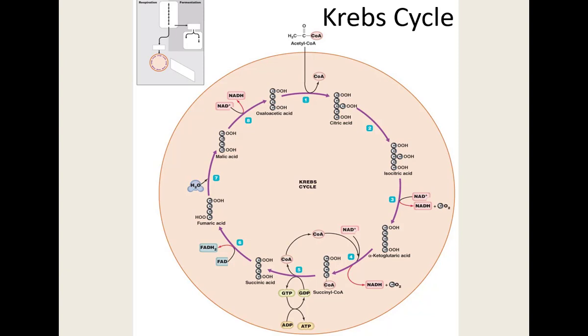And now you're right back to a 6-carbon molecule. It's this 6-carbon molecule that is called citric acid, which is why sometimes the Krebs cycle is also called the citric acid cycle.